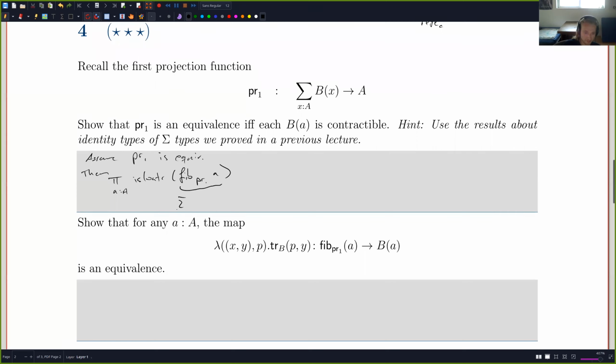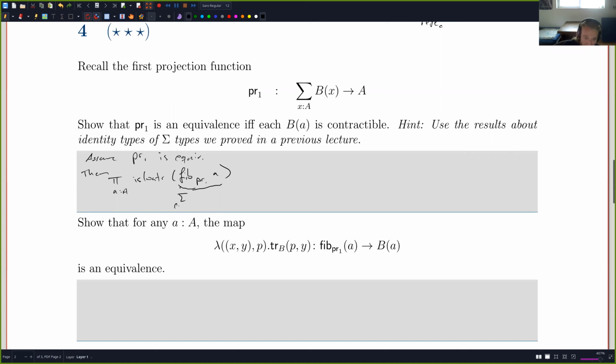This is a sigma type consisting of elements, by sigma induction. So this consists of elements of the sigma type, but by sigma induction we may split up those pairs again.